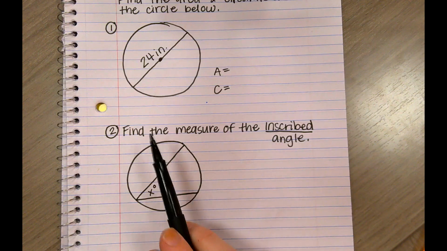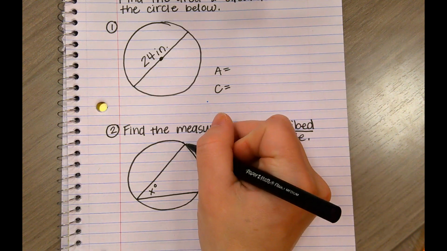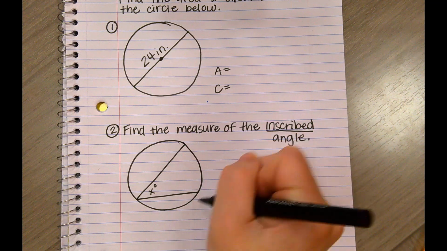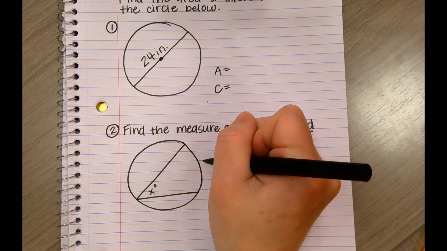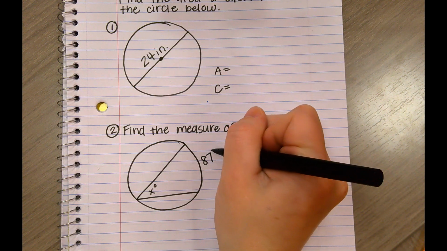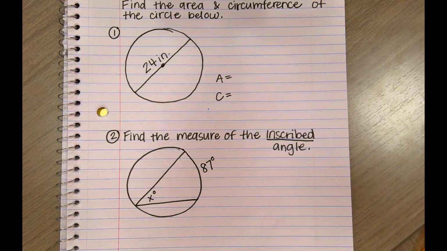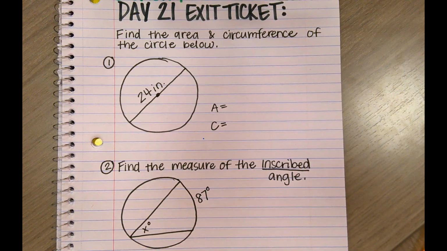For number 2, you're going to find the measure of the inscribed angle. So you're going to find x, and I'm going to give you that this arc out here is, let's say, about 7 degrees. Okay, and that is it for your exit ticket. So I'll run some copies of this. You're welcome to begin working on it, or you can just wait for the copies, up to you, but that'll be it today. I need to get a little rest.